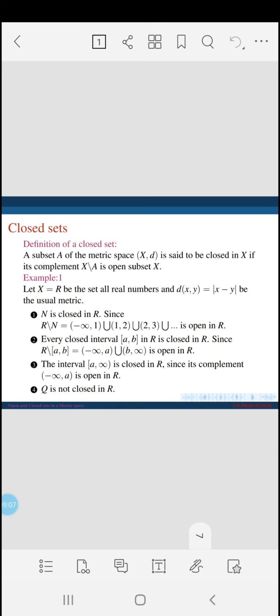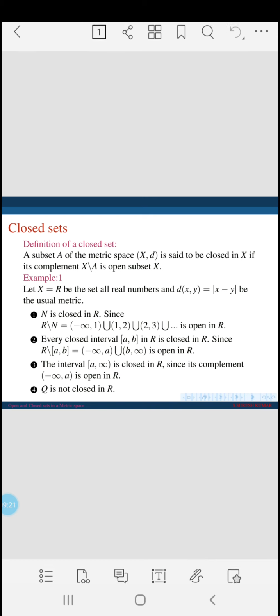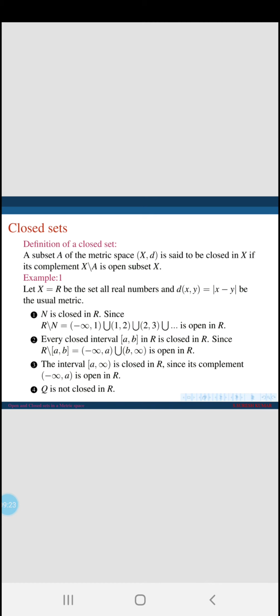Examples of closed sets. Let us take X to be the set of all real numbers with the usual metric. Here, N is closed in R, since R difference N is equal to a union of open intervals.